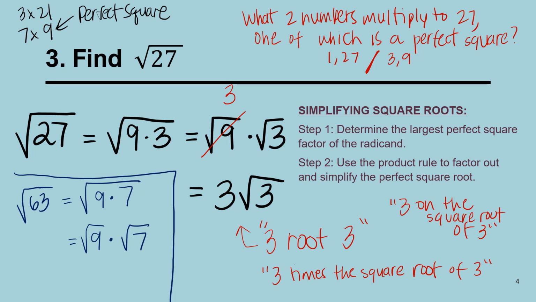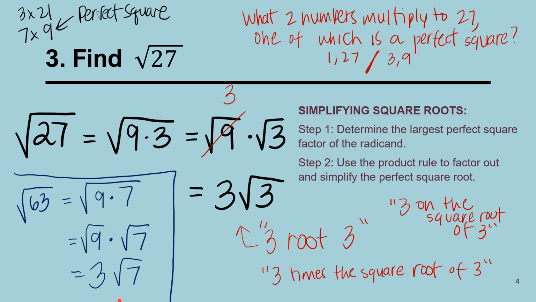So the square root of 9 times the square root of 7. Then I'm going to simplify that perfect square. The square root of 9 is 3. Now I can drop the little dot in the middle and just write the square root of 7. So 3 times the square root of 7, or 3 root 7, or 3 on the square root of 7.